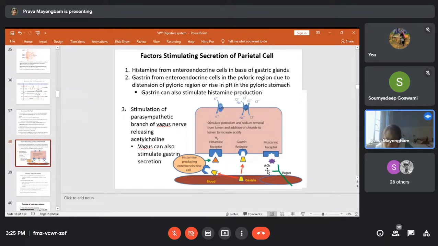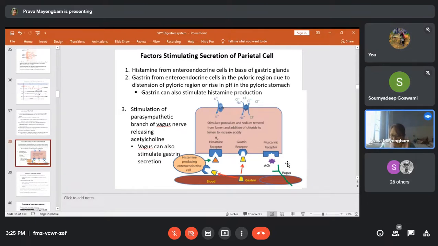The acetylcholine will find its receptors on the parietal cells, and they are called the muscarinic receptors. So due to these three actions, there will be more production of HCl by the parietal cells.